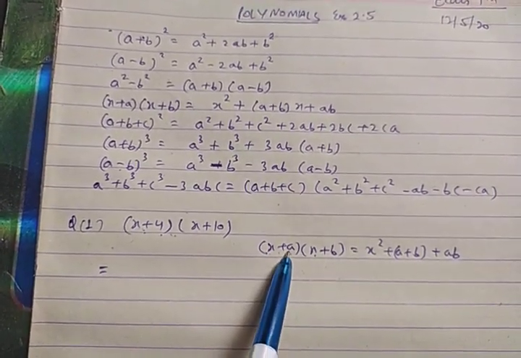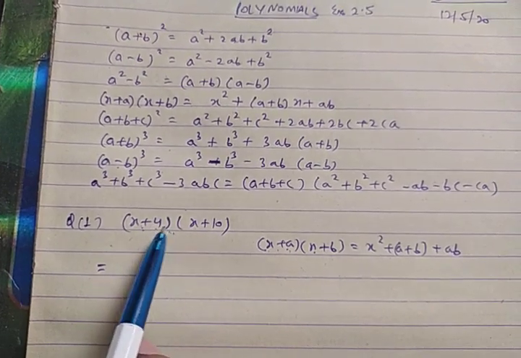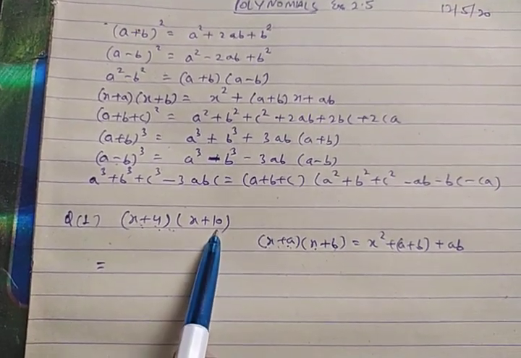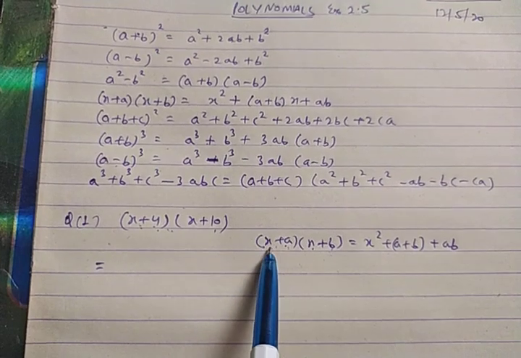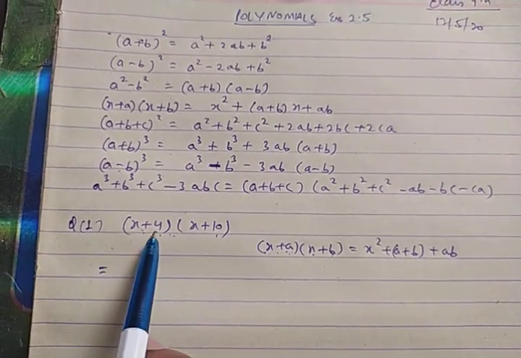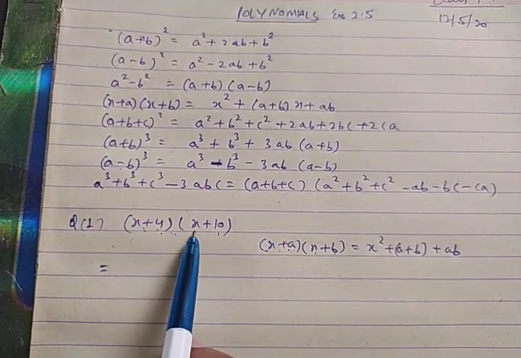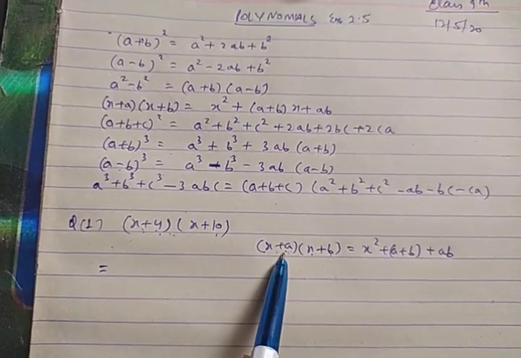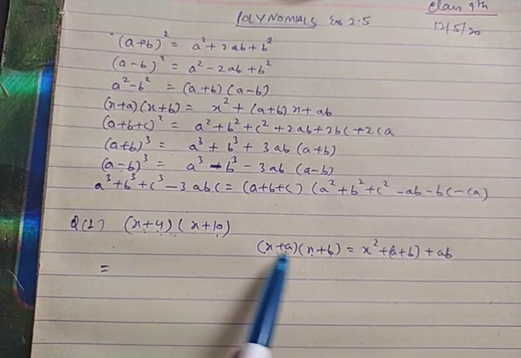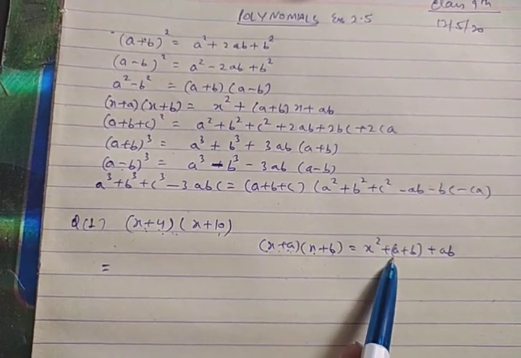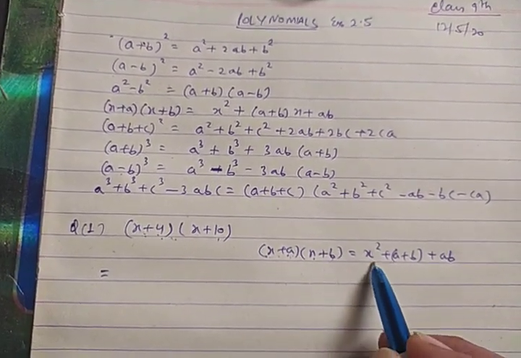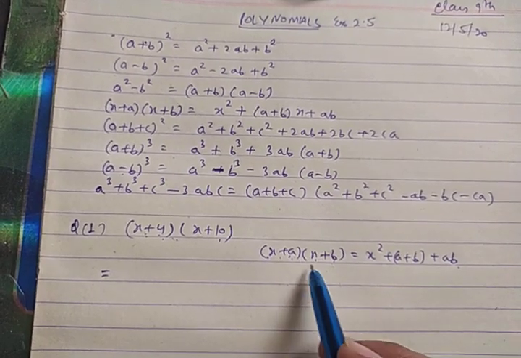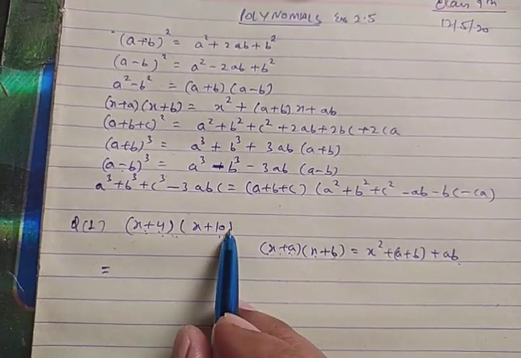In place of a in your question it is 4, in place of b it is 10. So x plus a is here x plus 4, and x plus b is here x plus 10. Now resembling this formula and replacing a with 4, b with 10, you apply this formula.